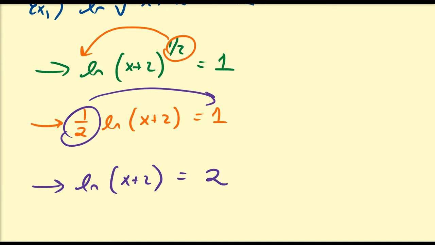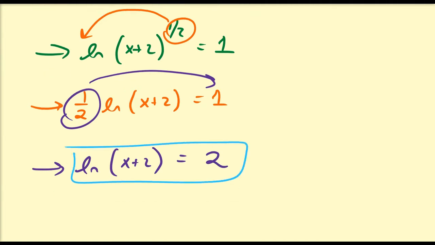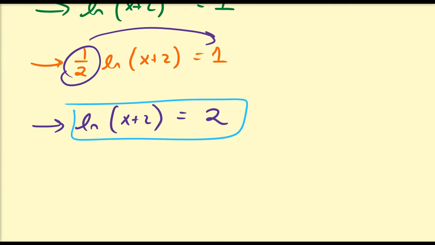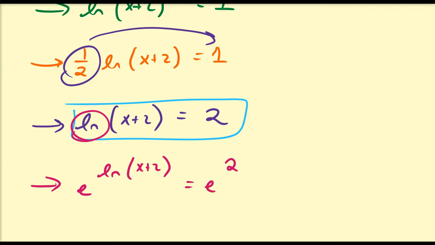Now the equation doesn't look as scary. So now I'm going to focus on getting rid of this logarithm. Remember that the natural log is the same as a log base e. So the inverse of the natural logarithm is of course going to be the natural exponential, which is going to be e. So we're going to exponentiate both sides by e. That means both sides of the equation become exponents of this new equation.